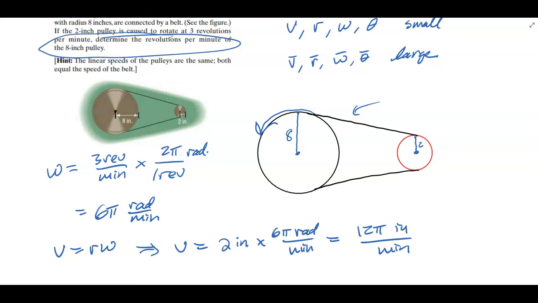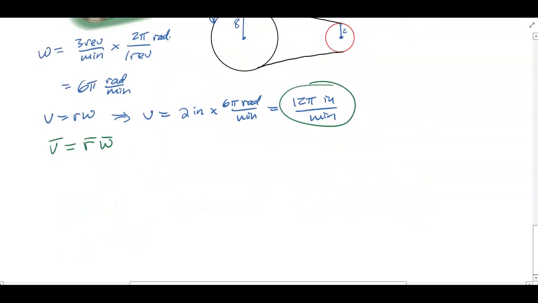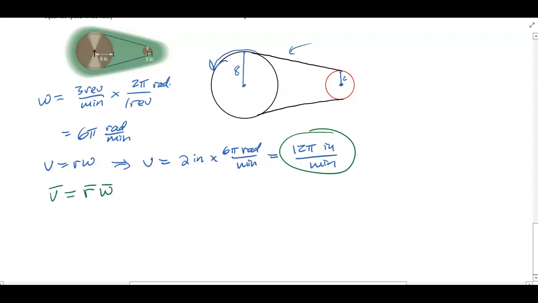So now for the big pulley, I'll just do this in a different color, like maybe green. We have V bar is equal to R bar times W bar. The velocity is the same, so it's 12 pi inches per minute is equal to R bar, which is 8, times W bar.